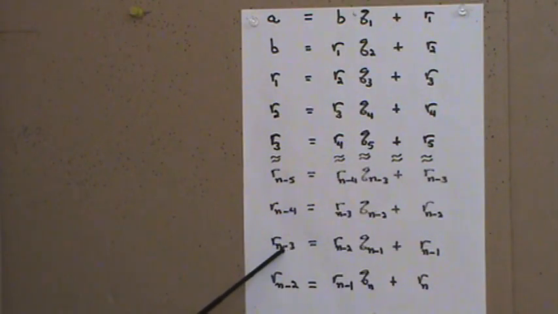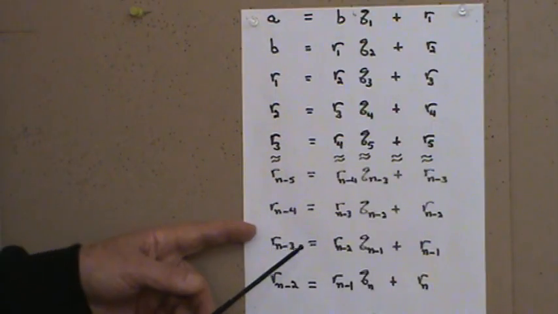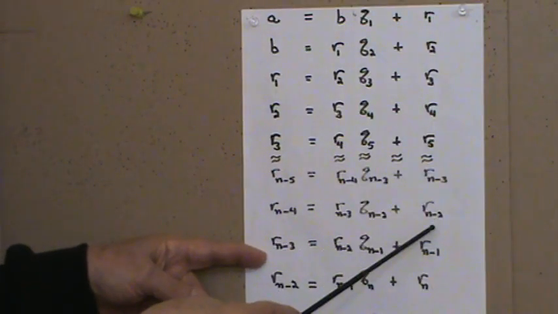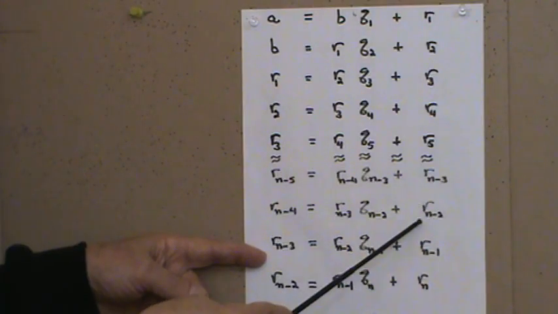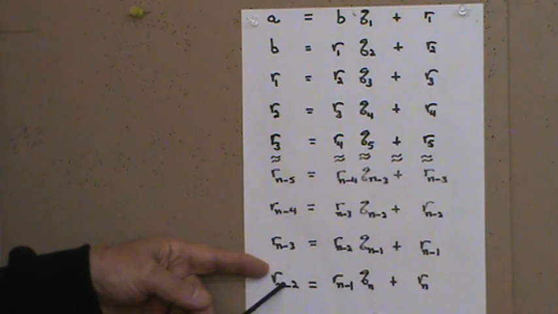You follow me? Now, again we are going upward. Now look what happens. We have already shown that R_{n-1} divides R_{n-2} from here. And here, you can see that.